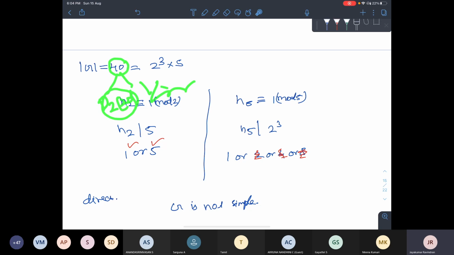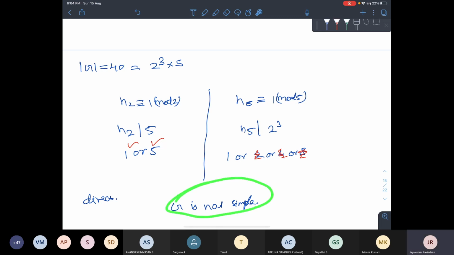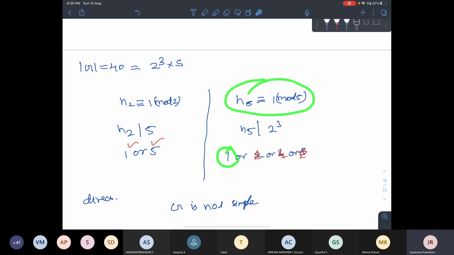There may be something else, as we have to consider semi-direct products. But whether it is abelian or non-abelian doesn't matter. Always the Sylow 5-subgroup is going to be normal, hence unique, hence G is not simple.